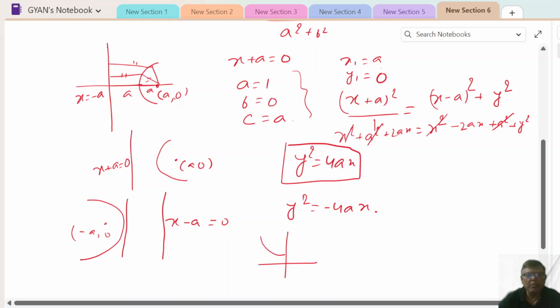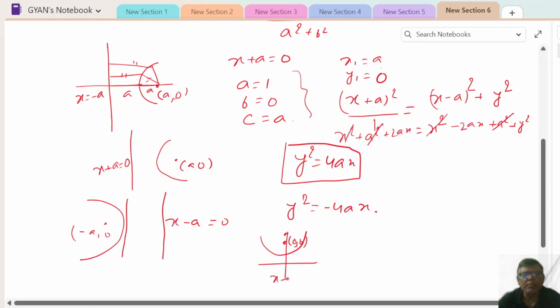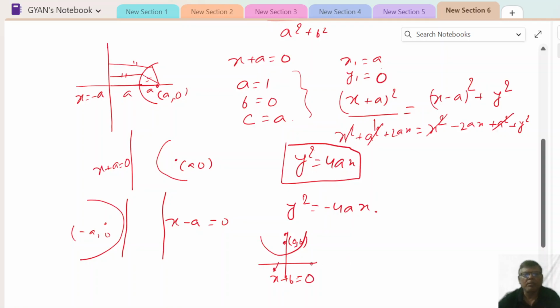Similarly, if the focus is (0, b) and the directrix is x plus b is equal to 0, this line, then this will be x square is equal to 4by.